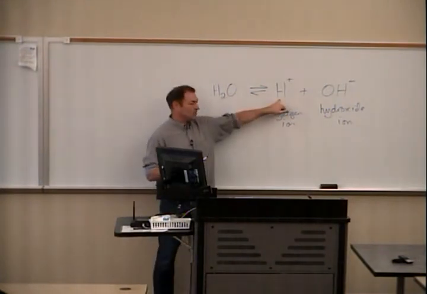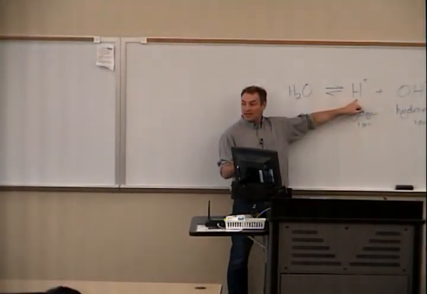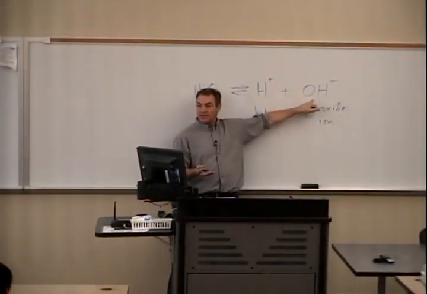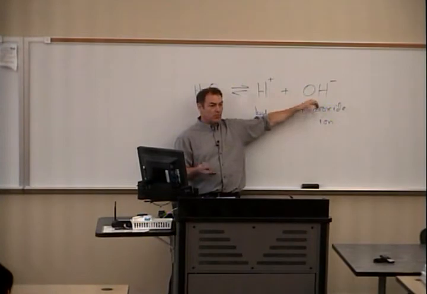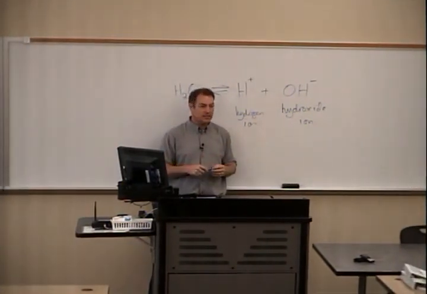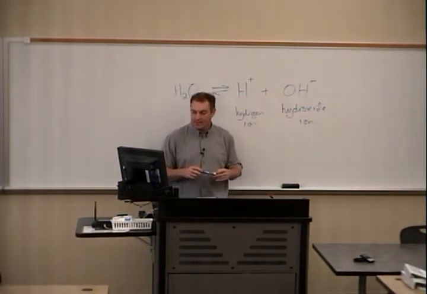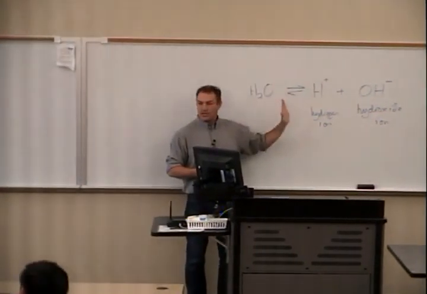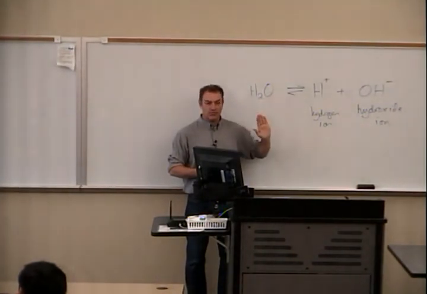My concentration of these would be 10 per litre, and my concentration of these would be 10 per litre. Good? They're in a 1-to-1 ratio and they're equal in pure water at 25 degrees Celsius. Everybody okay with the equal ratio and therefore an equal concentration?